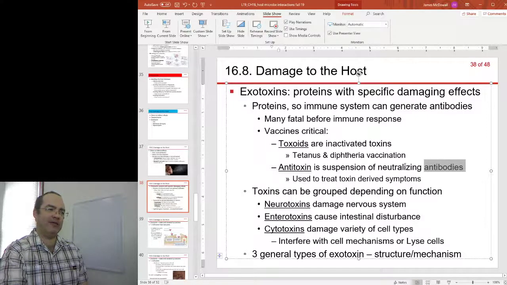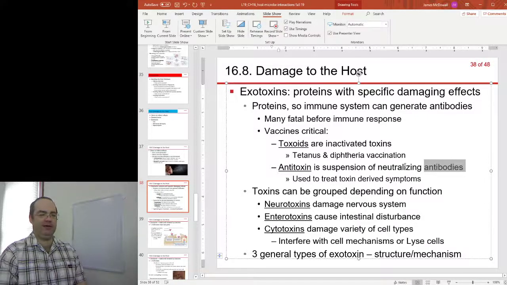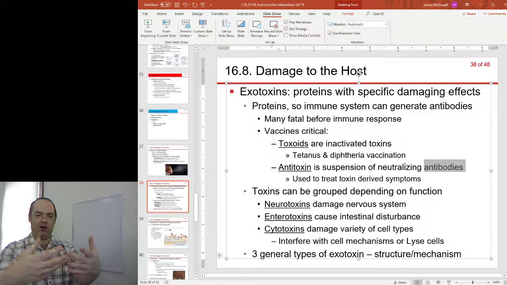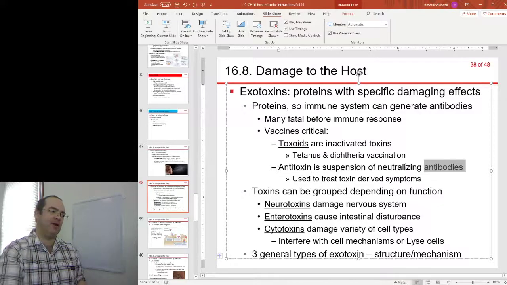Often antibodies grown in horses, and horses are picked because they're just very big and contain lots of blood. So they make lots of antibodies, and then you purify the antibodies out to a certain extent, inject them into the person, and they can be like a quick mechanism to neutralize toxins.